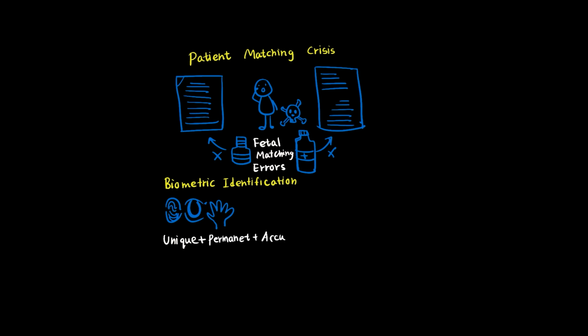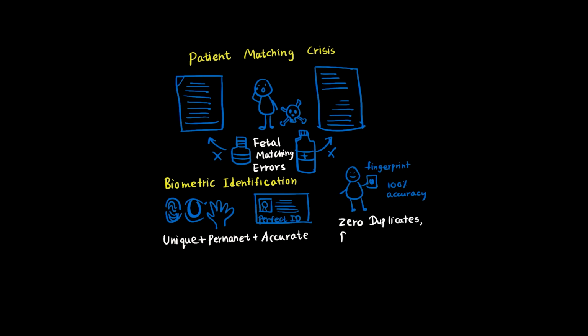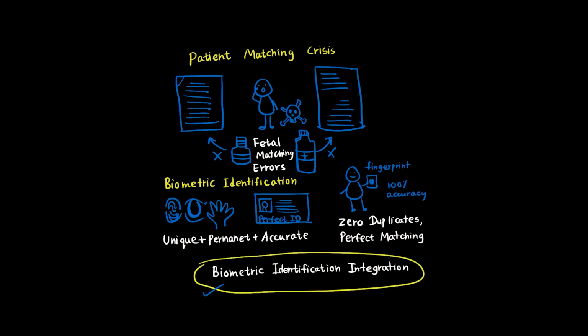It never changes, never gets misspelled, never gets confused. Think of it as nature's perfect ID card. When an unconscious patient arrives at the emergency room, their fingerprint instantly pulls the right record, not someone else's with a similar name. No more duplicate records from name variations, address changes, or data entry errors. Biometrics provides certainty in patient identification where traditional methods fail.